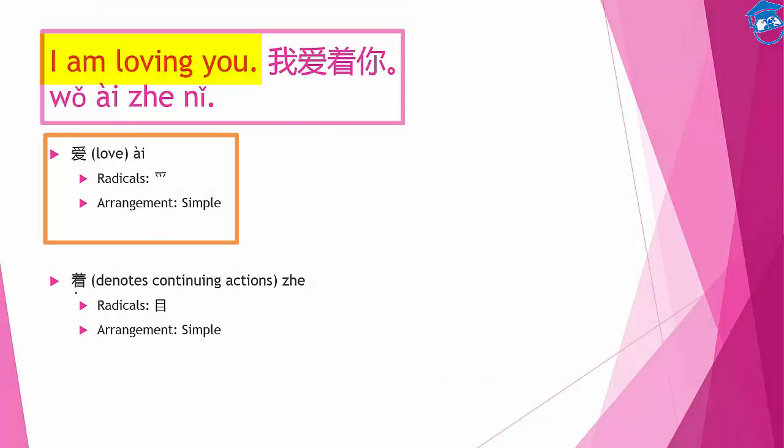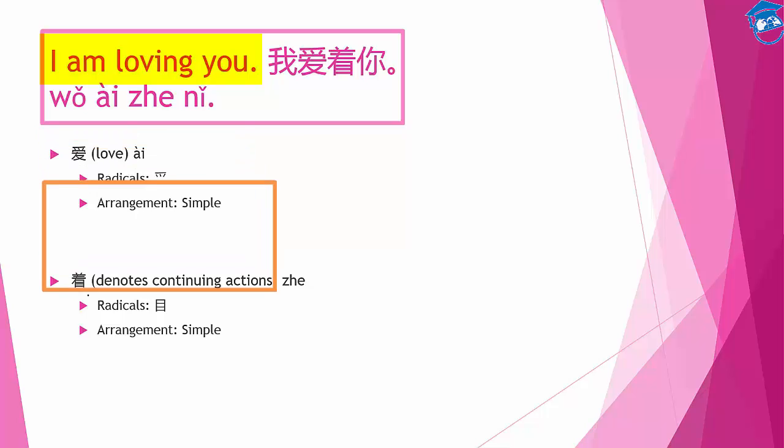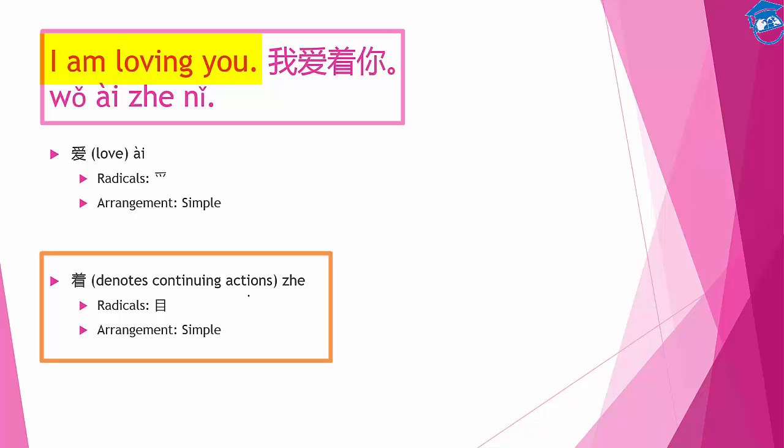And of course, the other word for denoting the continuing action is 着. It's without the tone here. So this is the pinyin. And the radical is what's on the bottom. The arrangement is simple.